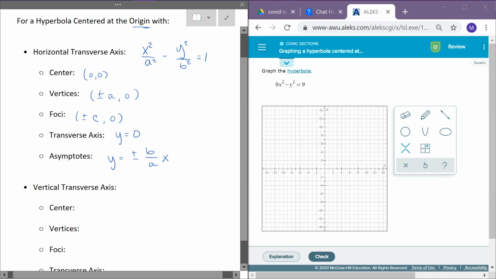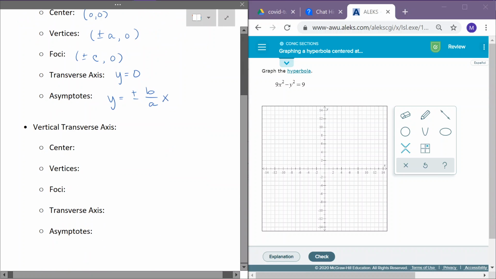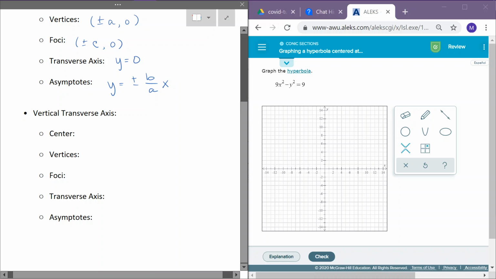If we're looking at a hyperbola with a vertical transverse axis that's centered at the origin, it's going to look like y squared over a squared minus x squared over b squared equals 1. The center is going to be, again, 0, 0. Our vertices are going to be 0, comma, plus or minus a.